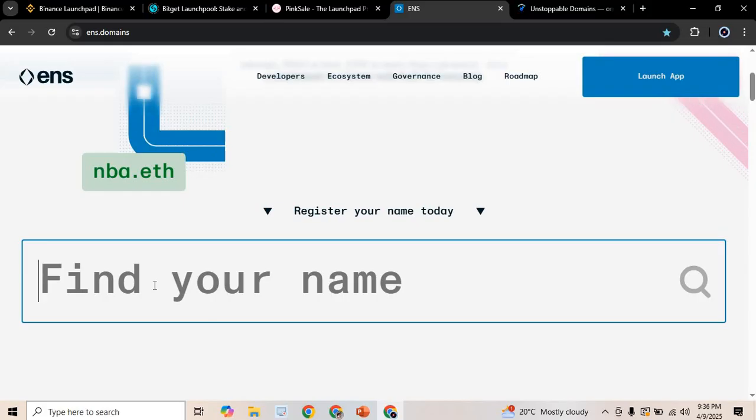Pius? Do you think if you search safaricom.eth right here, someone already owns it or it's still available? I guess yes. It's still available? No, it's not available. Why do you think so?